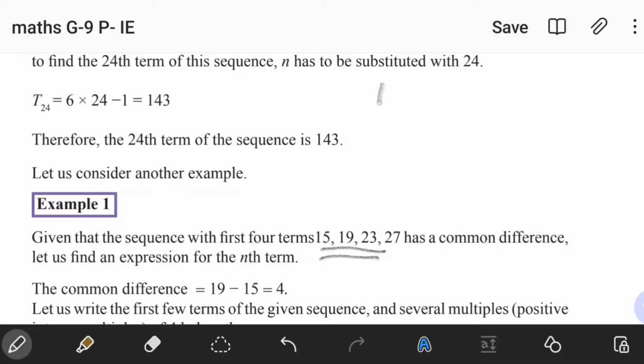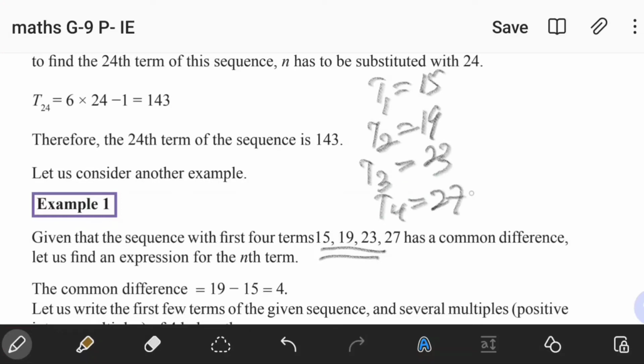So you should try to write T1 is 15, T2 is 19, T3 is 23, T4 is 27. So the common difference is 4. So write in terms of 4 and then see what you can do.